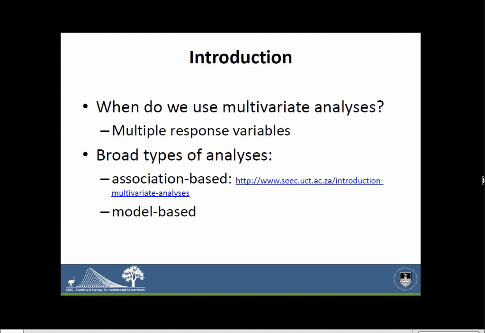Now we're going to focus on the model-based ones. You can also do exploratory analysis with model-based multivariate analysis, but we're not going to talk about that today. If you look at that introduction to multivariate analysis, I do mention some of the types you can use.